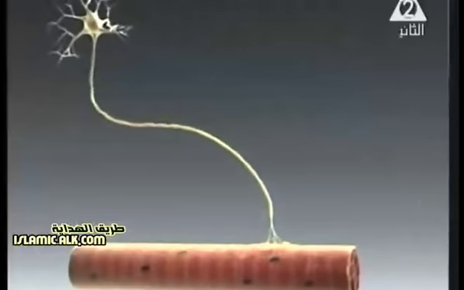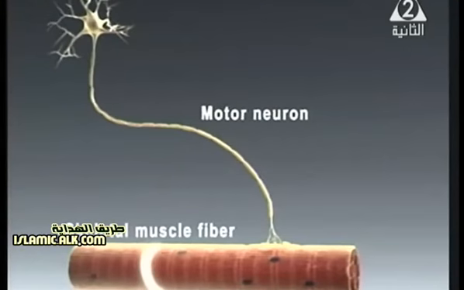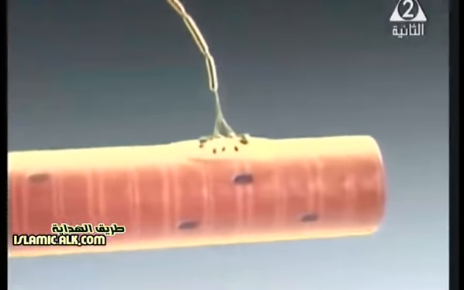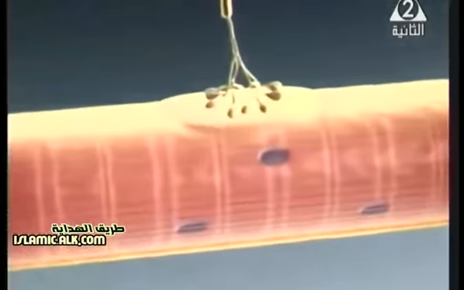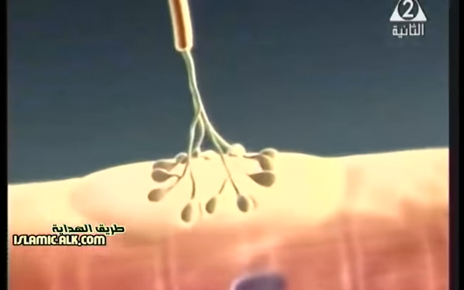Well, this shows us how the nerve impulse or motor neuron reaches any muscle fiber, and that causes depolarization of the membrane.